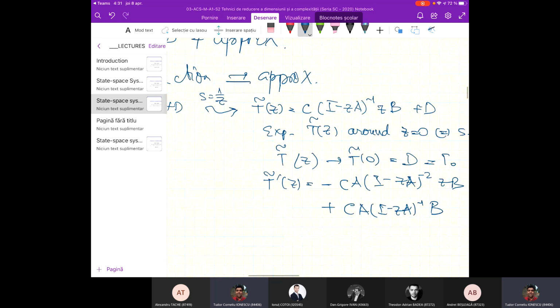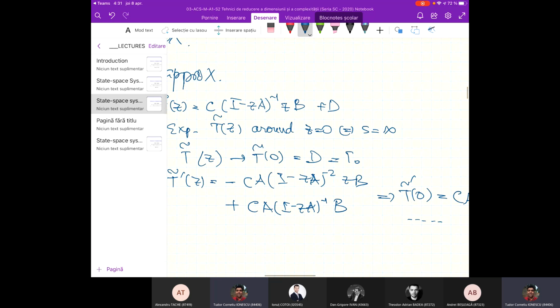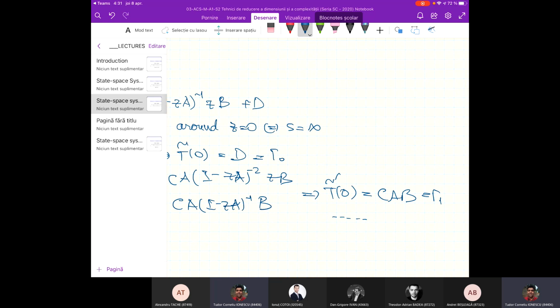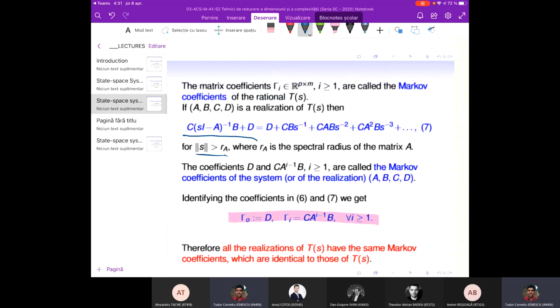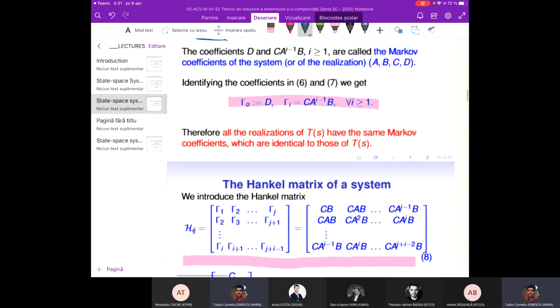Maybe I did it wrong. Oh, CB, because z is equal to 0, so you substitute the 0. Then you take again the derivative and so on and so forth. And you can easily prove these are the relations indeed. So these are the Markov coefficients.